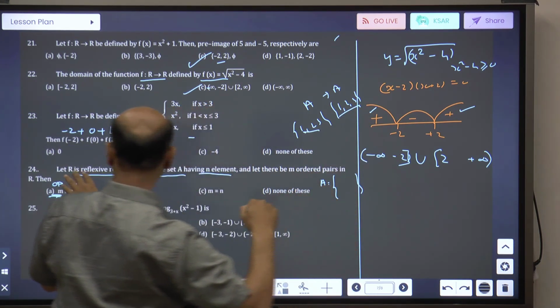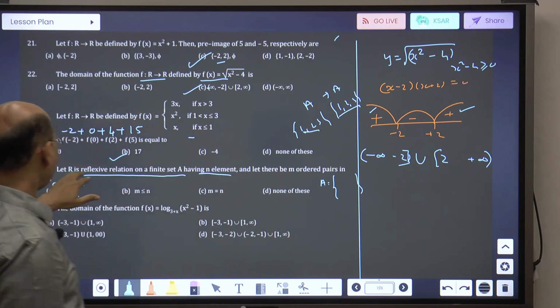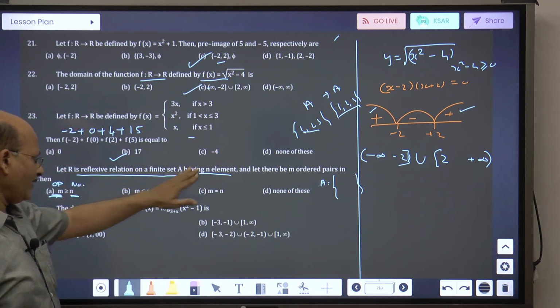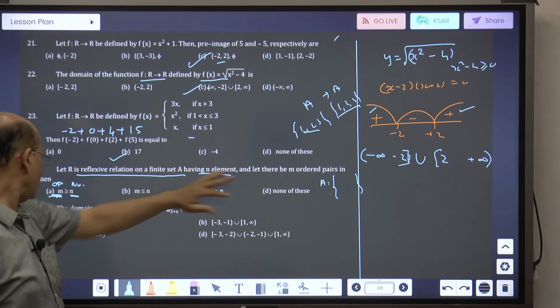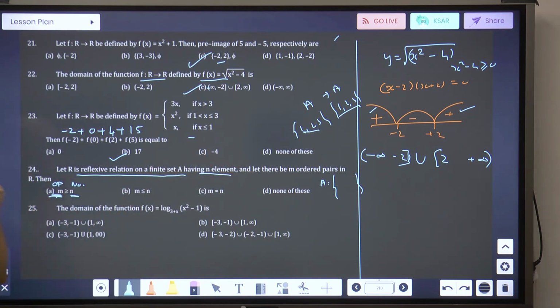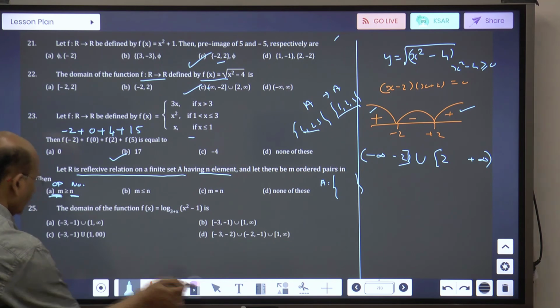Let R be reflexive on finite set A having n elements, so n is equal to 3, and let there be m ordered pairs in R, and it is reflexive. R is reflexive. So 4 4 could be possible, is it possible, greater than or equal to n? I have a feeling there, I don't know, but think over it.